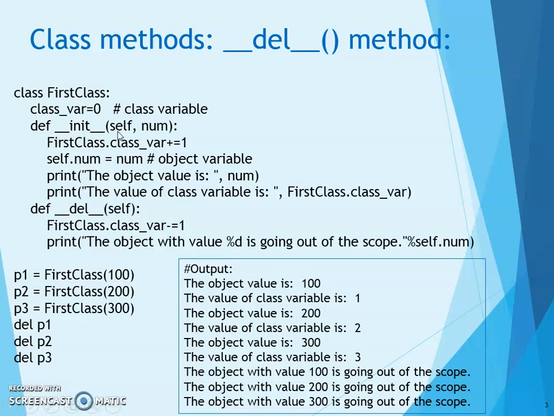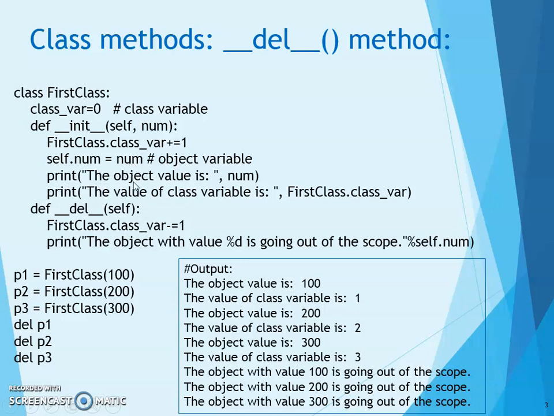While doing the initialization, the first statement assigns a new value to our class variable. Previously it was 0 and it is incremented by 1, so now the class variable contains value 1. We are assigning self.num the value num, that is, the object variable is assigned the value 100, as we are passing 100 over here.